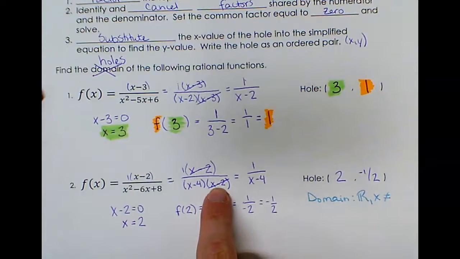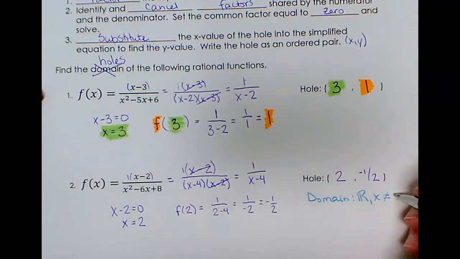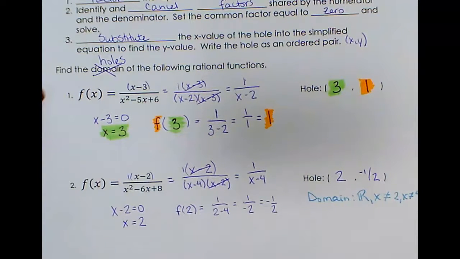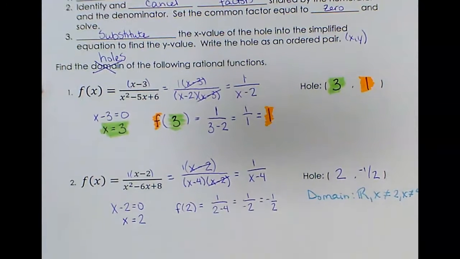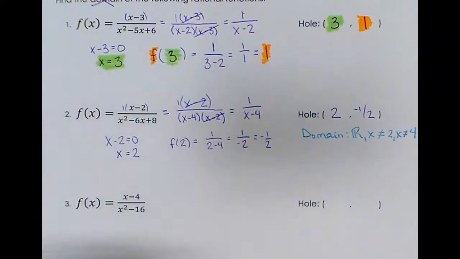So here, x cannot be 2, and x also cannot be 4. Well, x can't be 2 because when x is 2, there's a hole there. But then x cannot be 4 either because chances are there's an asymptote there. So this kind of connects it to what we were doing when we found our domain of the rational functions.